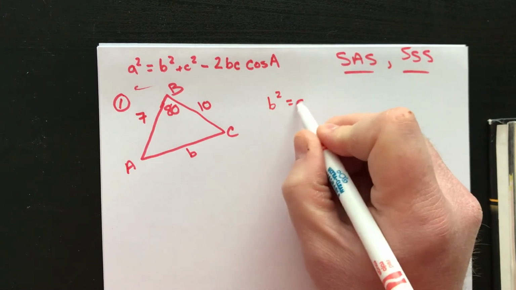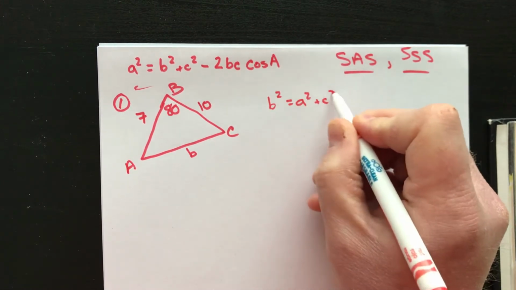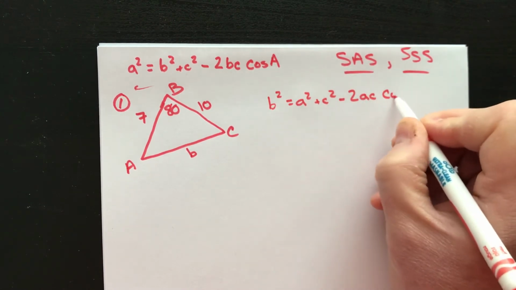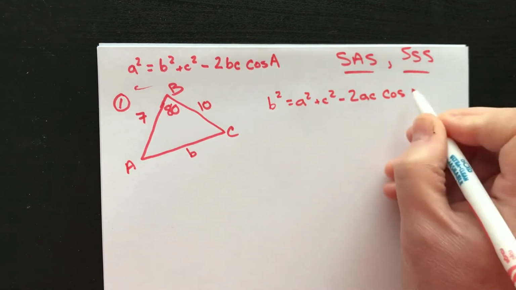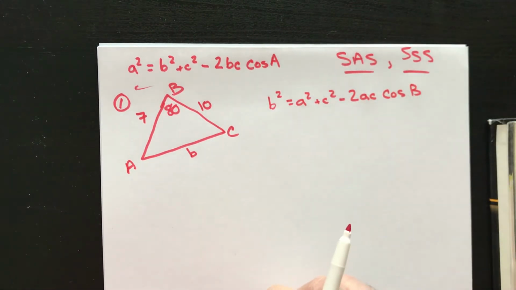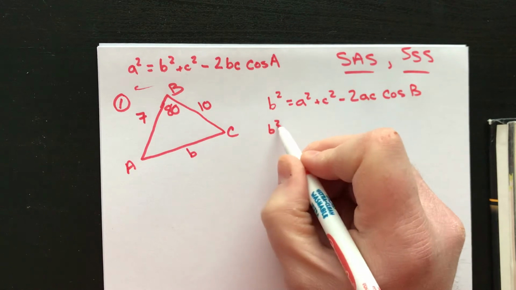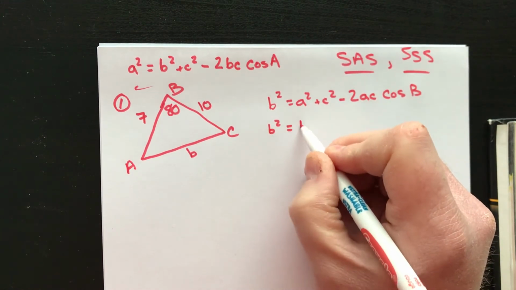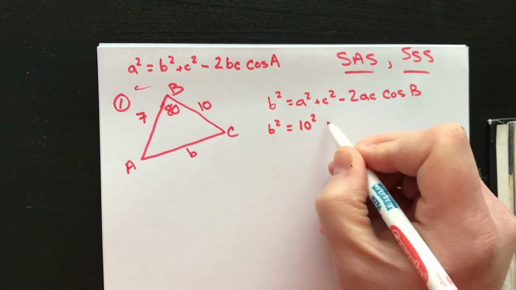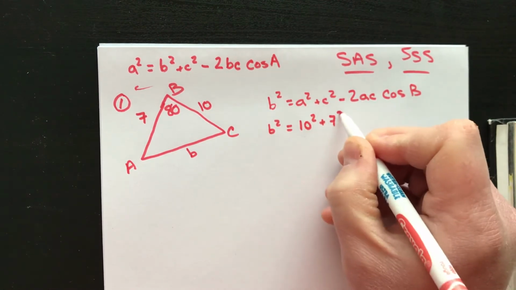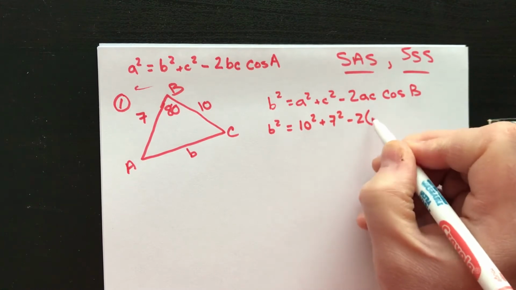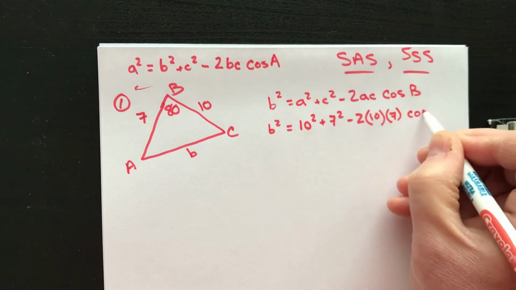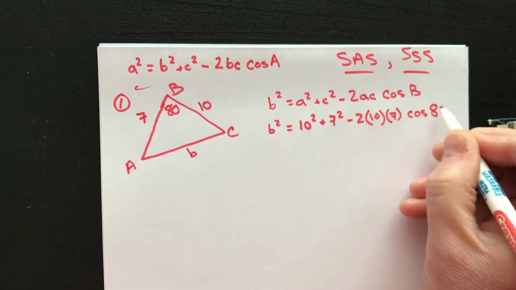b squared is equal to a squared plus c squared minus 2ac, and the cosine has to match up with this letter of angle B. So b squared, we don't know what it is. a squared is 10 squared plus 7 squared minus 2 times 10 times 7, cosine of 80 degrees.